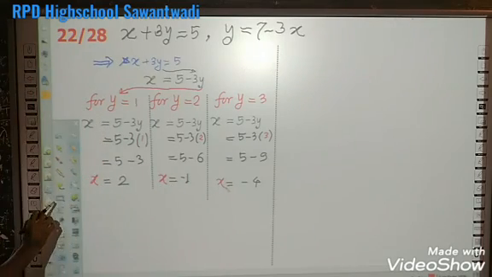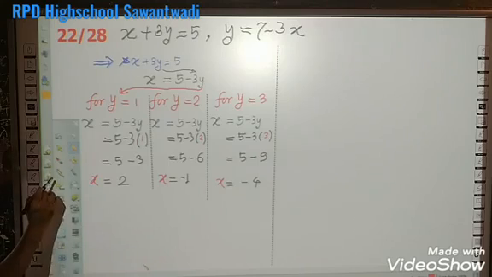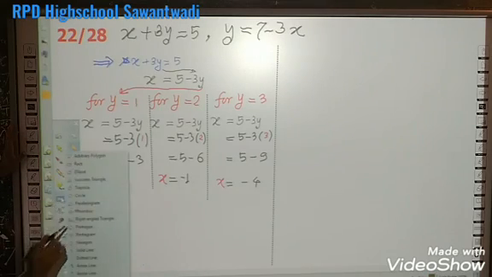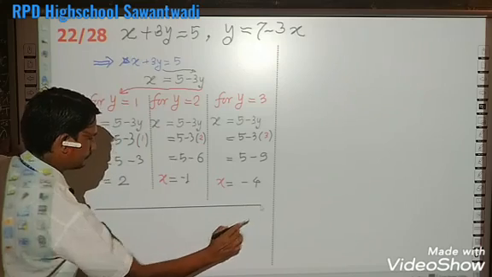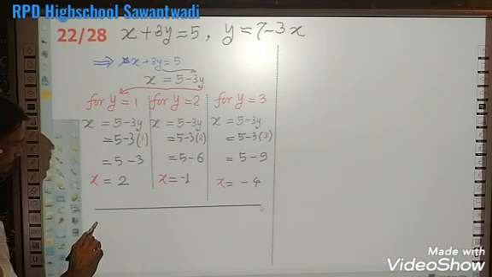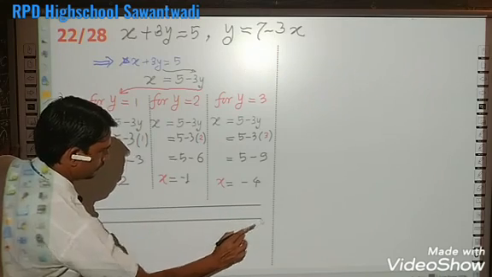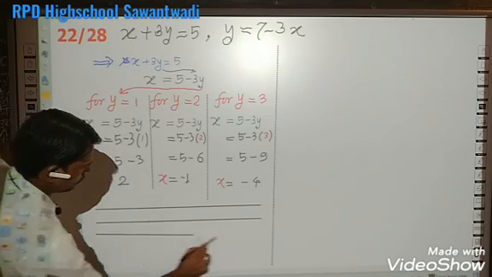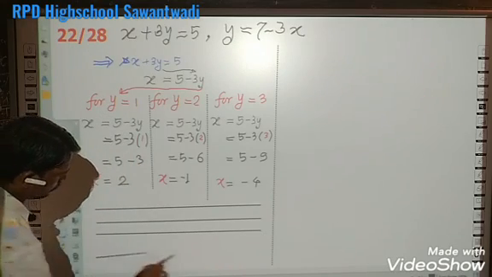So when we frame the table below, I will have to prepare a table like this. This will be the first value of x, y, then x comma y.